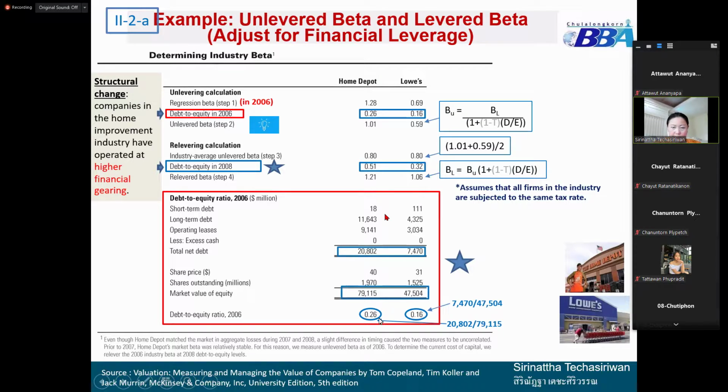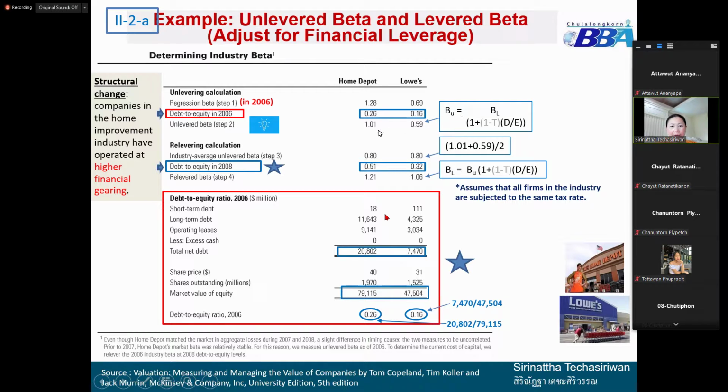The debt to equity ratio, market value of net debt to equity ratio, is calculated down below. With this ratio applied in this formula, we have the unlevered beta. This is the beta that already takes out the financial risk.